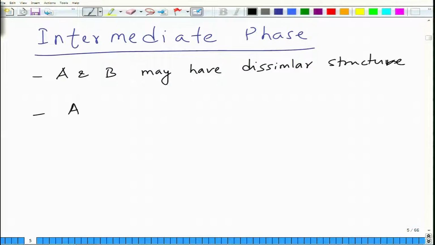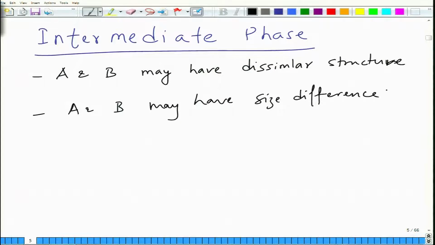or they may have, so you may have to recall the module 1 structure of materials where we discuss the formation of solid solutions, or they may have size difference beyond what is predicted by Hume-Rothery rules to form a solid solution, or they may have excessive differences in the electronegativities.